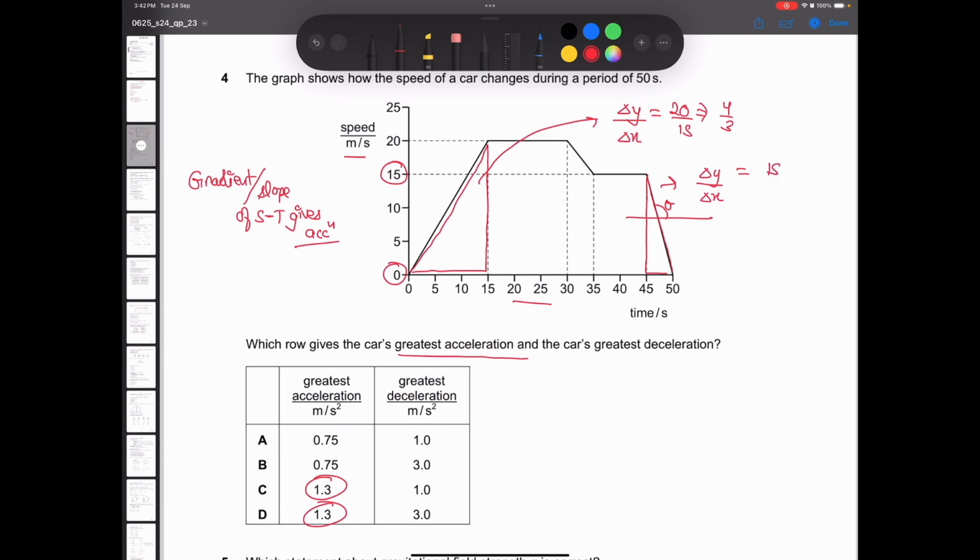And what is the change in x? 45 to 50 you're going. So 5. 15 over 5 is 3. So the deceleration will be 3, acceleration is 1.3. You simply had to take the gradient here. In the greatest acceleration, you had to take the gradient of this, and greatest deceleration is this one, so you take the gradient of this.